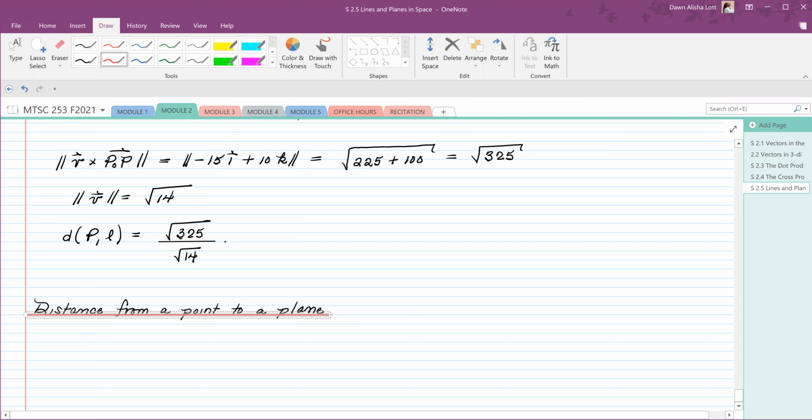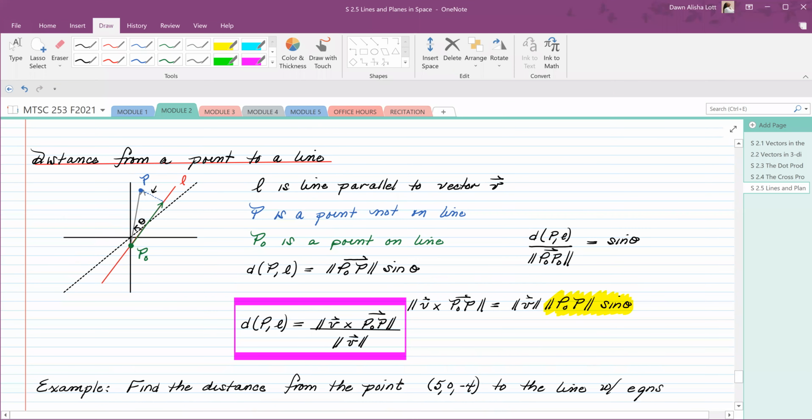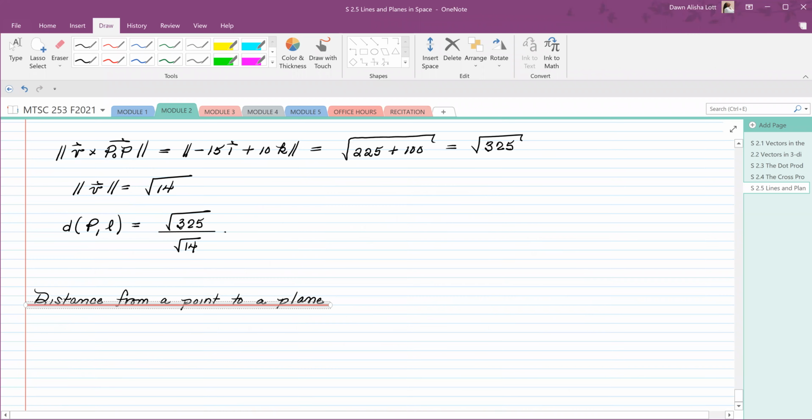So we did the distance from a point to a line. Now we're going to do the distance from a point to a plane.